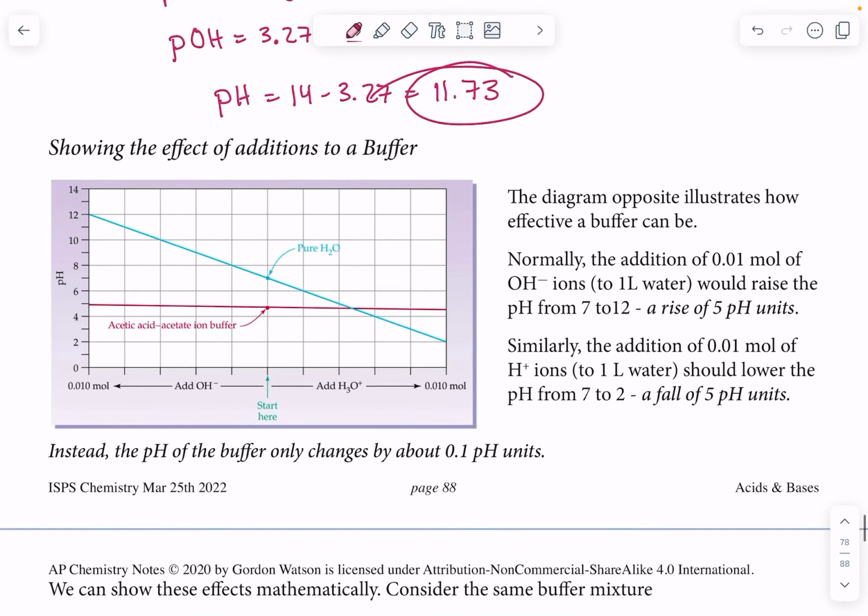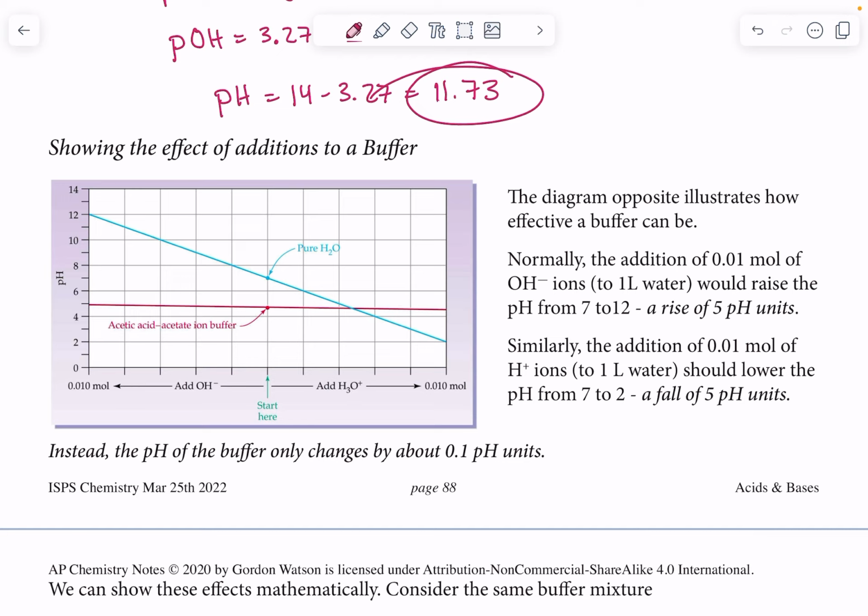And so we've got some graphs here of looking at how adding base and how adding acid might impact the pH of a system. And we can think about this qualitatively using Le Chatelier. So the idea that if we add a base, it's going to react with the conjugate acid. If we add an acid, it's going to react with the conjugate base to ultimately reestablish our equilibrium.